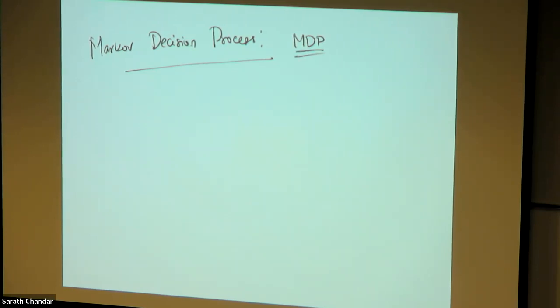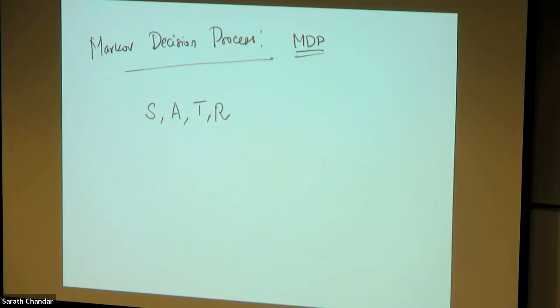In the case of MDPs, you have a set of states, you have a set of actions, and you have the transition function, which tells you, given the current state and action, which next state I would go to, or the probability distribution over next states. We also have the reward function, which tells us, given the current state and action, what reward I would obtain for this particular action in this particular state.